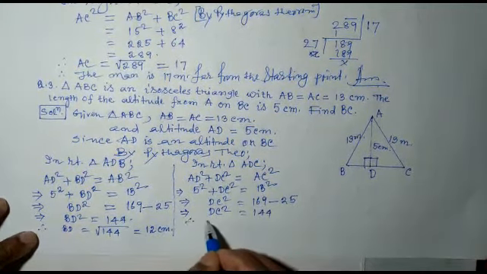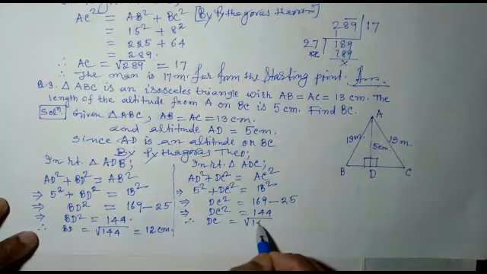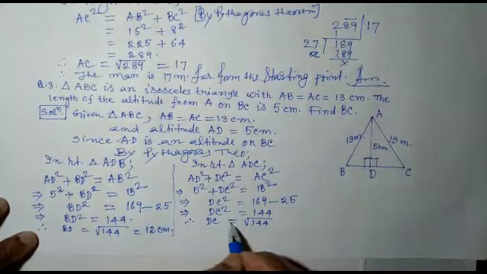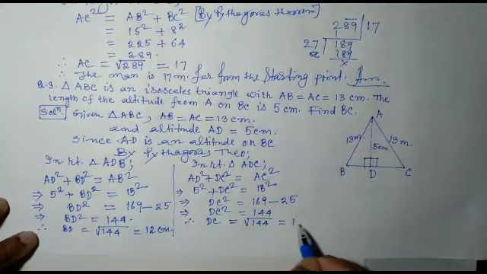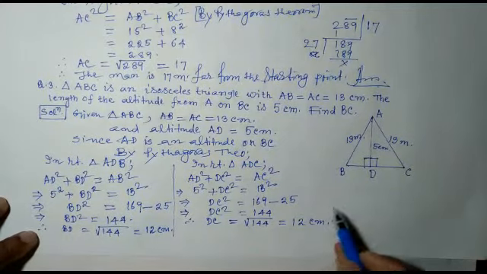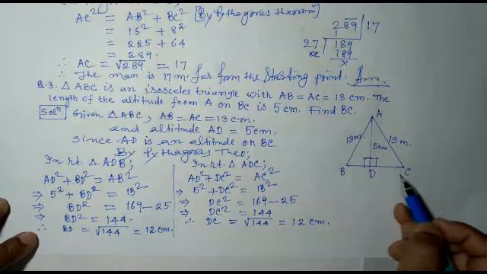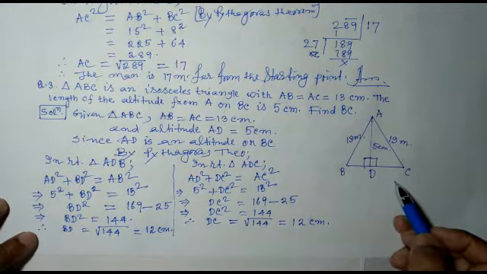So we will get DC is equal to square root of 144, which is 12. Question given in centimeter, so it is centimeter. So we have BD equal 12 centimeter and DC is also 12 centimeter.